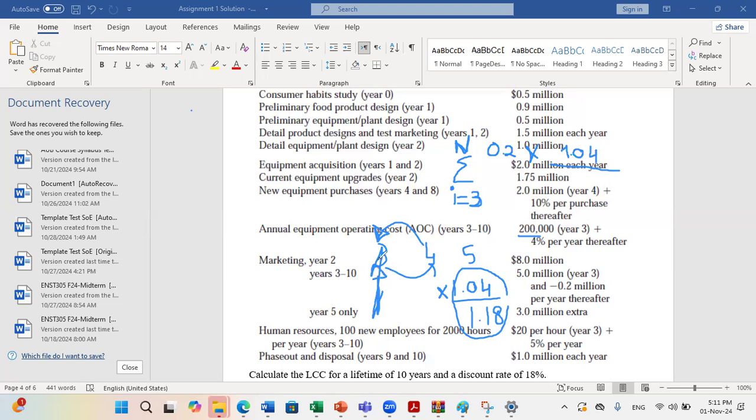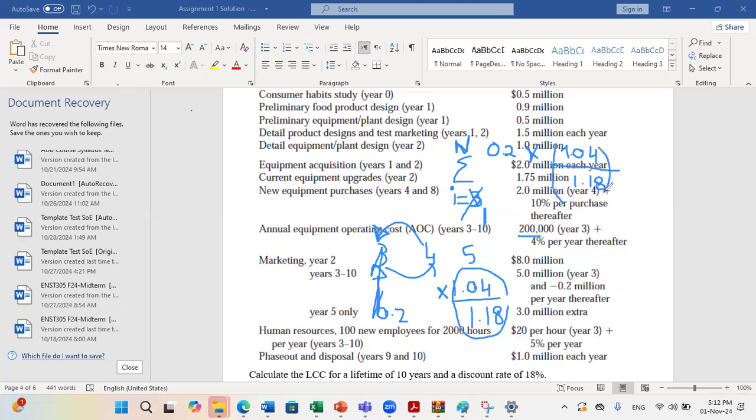I can modify my equation because the value of 0.2 is just evaluated at year 3, not before. So instead of summation from 3, I do summation from 1. And I have 1.04 over 1.18 to the power i minus 1.